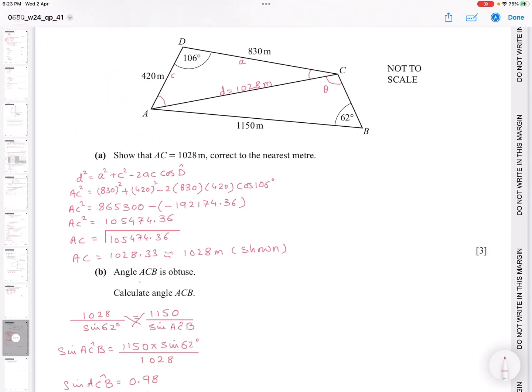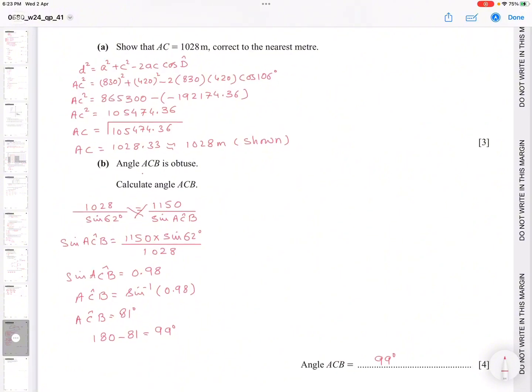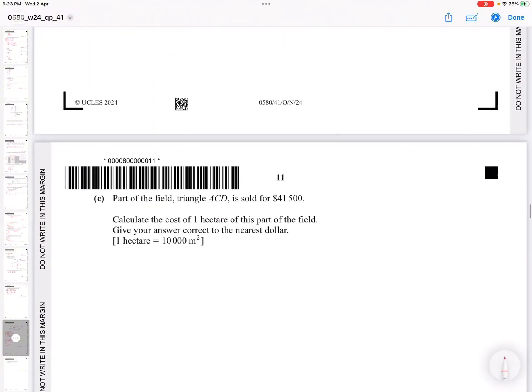This is the same triangle ACD which we have already worked with to show the length AC, and this was an included angle triangle. I told you the definition of an included angle triangle.